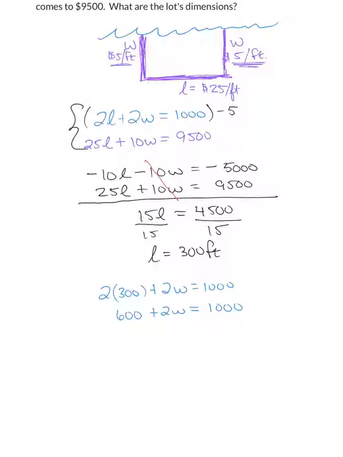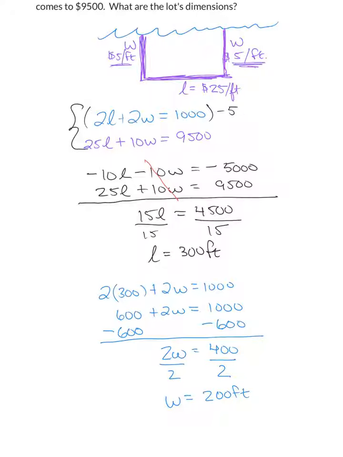We still have equals 1,000. I can subtract 600 from both sides, and we get 2W is equal to 400. If I divide by 2, I get W is equal to 200 feet.